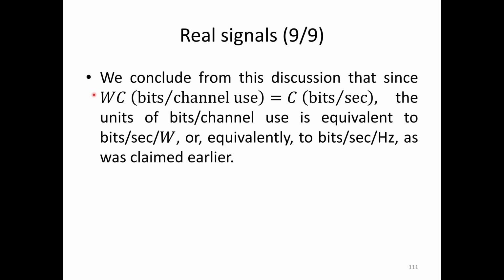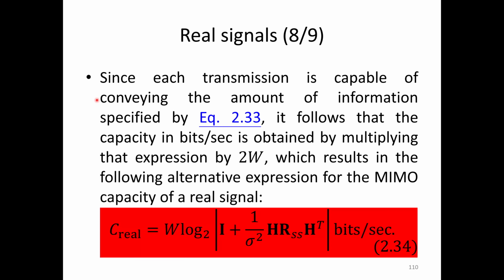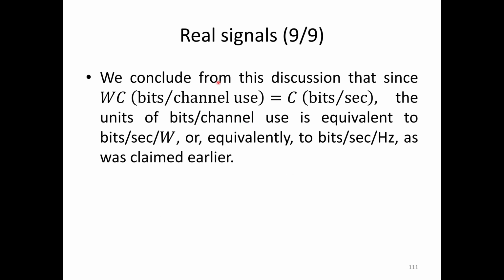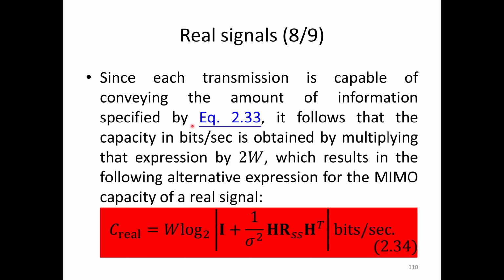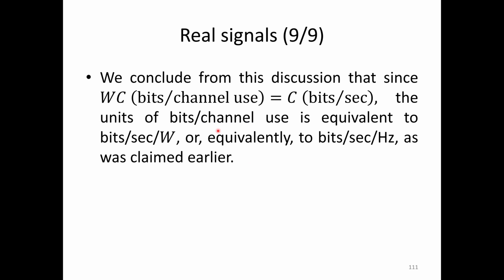Why can we omit the factor 2? Didn't we multiply the expression in equation 2.33 by 2W? Why does the factor 2 disappear? Because we are discussing the unit, so we can omit a factor 2 or a constant 2. It will not affect the unit.